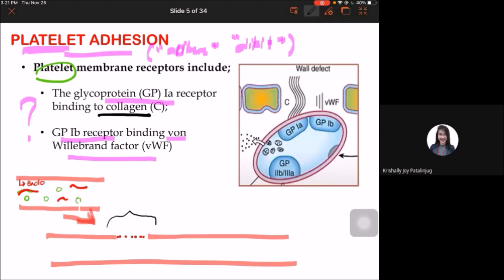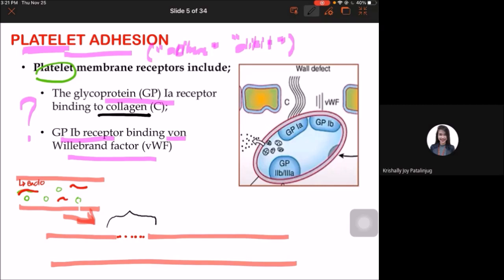Since na-scrape ang endothelial portion, ang mga sub-endothelial or mga mas ilalim pa nga layer sa endothelium ang ma-expose karon sa blood. Okay? I repeat, yung mga sub-endothelial or mga mas deeper layer ng blood vessel ang makita karon sa blood, or mas na-direct contact sa blood.